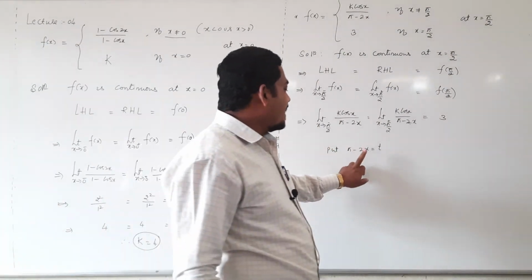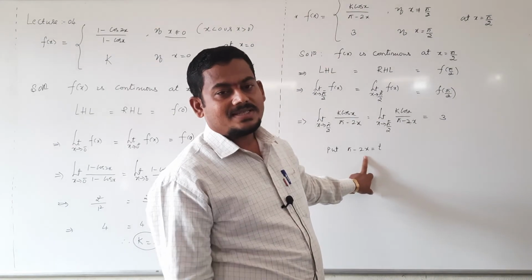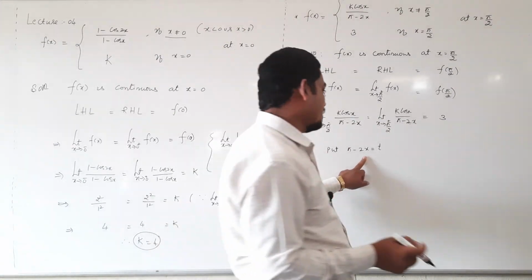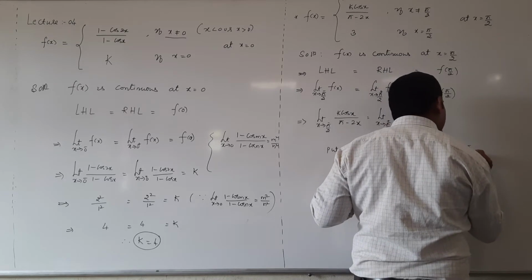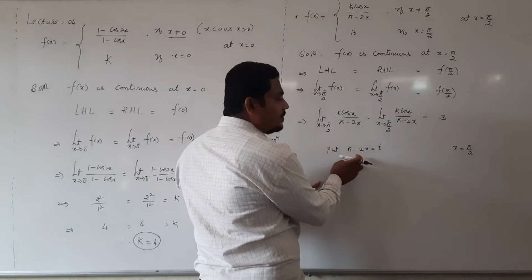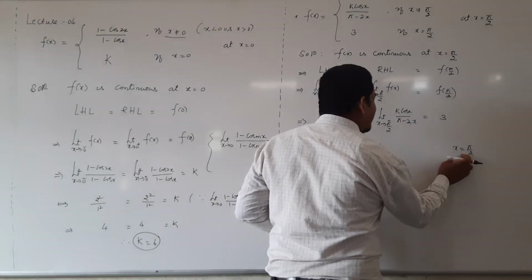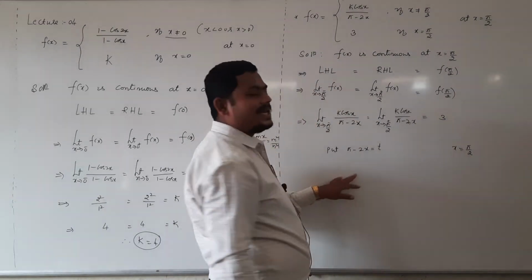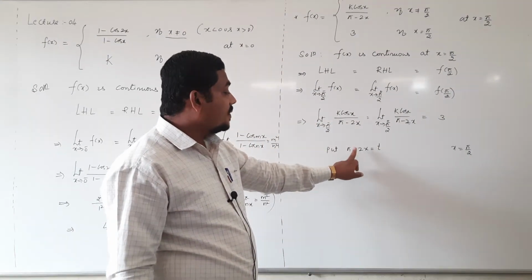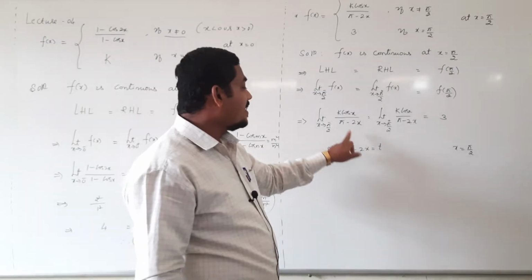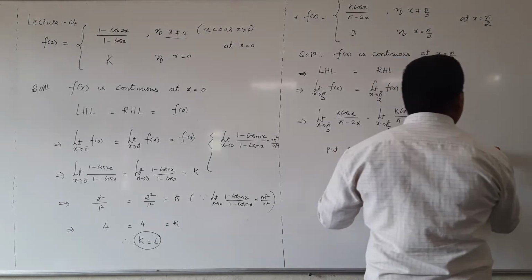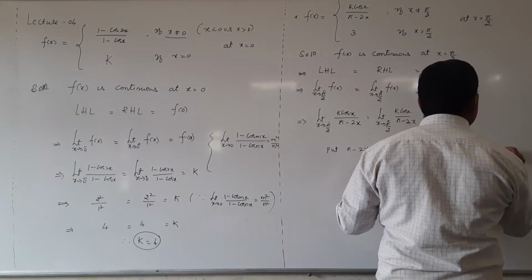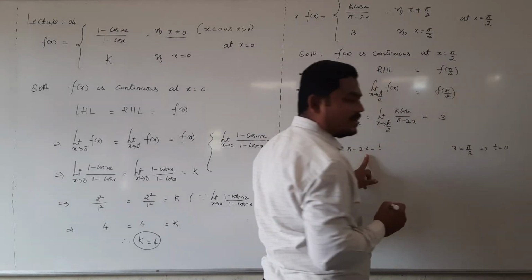If I take x value pi by 2, then what is t value? Suppose x is exactly pi by 2 in this substitution, then what is t value? Once you take x value exactly pi by 2, t value is equal to 0, right?